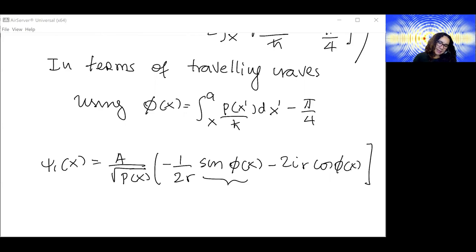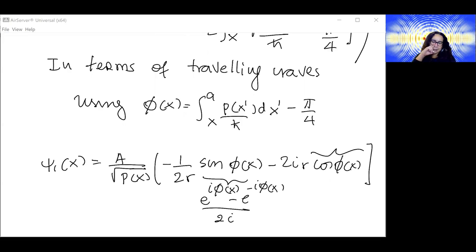Remember that sine is e^{i phi(x)} minus e^{-i phi(x)} divided by 2i, and cos is e^{i phi(x)} plus e^{-i phi(x)} divided by 2.